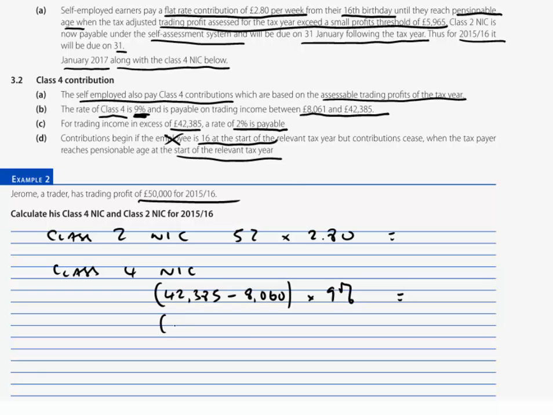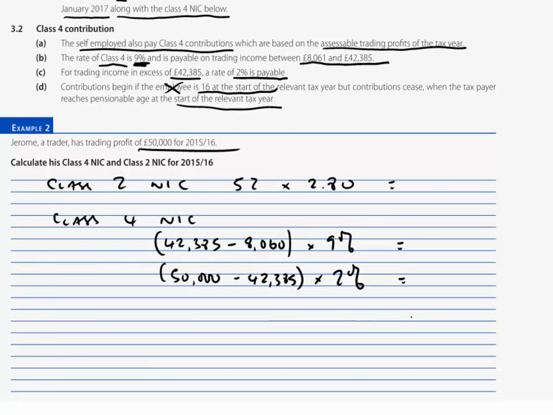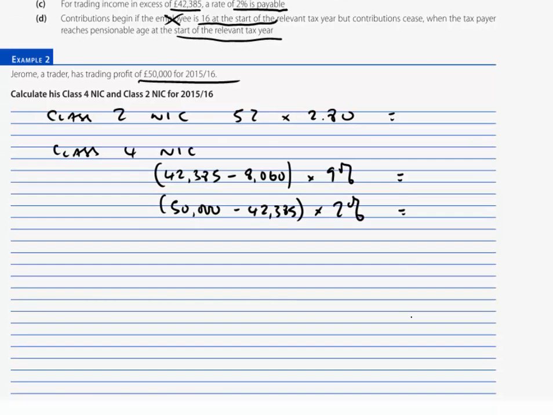But as we've said, the trading income has gone above that upper limit up to 50,000, so 50,000 minus 42,385, and that is at the reduced rate of 2%, and we can work that one through. Check out those answers if you haven't already done so with the answer in the back there, and hopefully we will be okay in relation now to the self-employed and the Class 2 and Class 4 contributions paid by them.